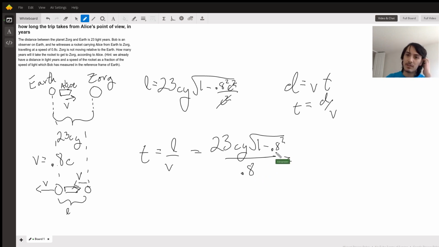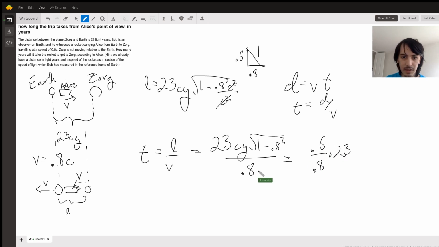1 minus 0.8 squared you can find using a 3, 4, 5 triangle by the Pythagorean theorem. If I have a triangle that's 1, 0.8, this is going to be 0.6, and this is an equivalent expression to the Pythagorean theorem, so this is going to be 0.6 over 0.8 times 23. This should be 0.8c. The c's cancel out, so we're left with just years.